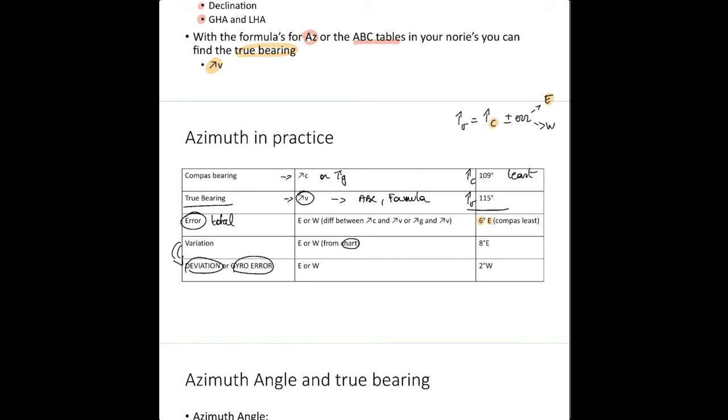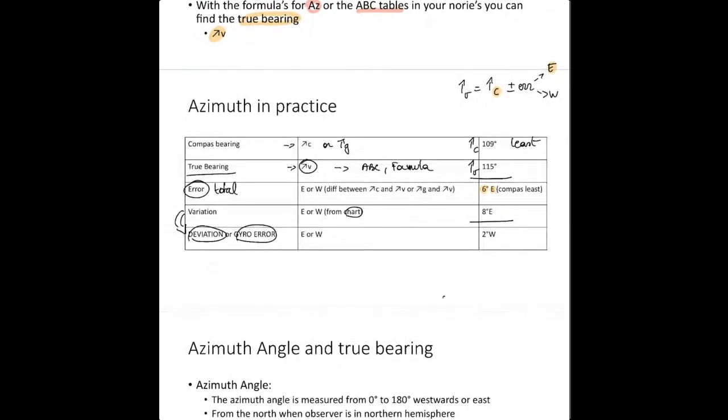When I've seen on my chart that the variation is 8 degrees east, you easily find, just by adding and subtracting, when you make a drawing.